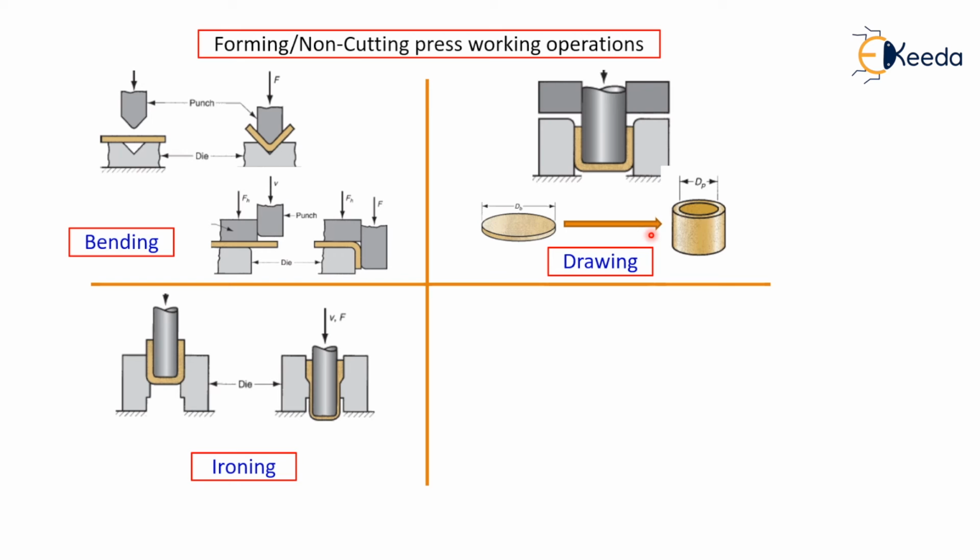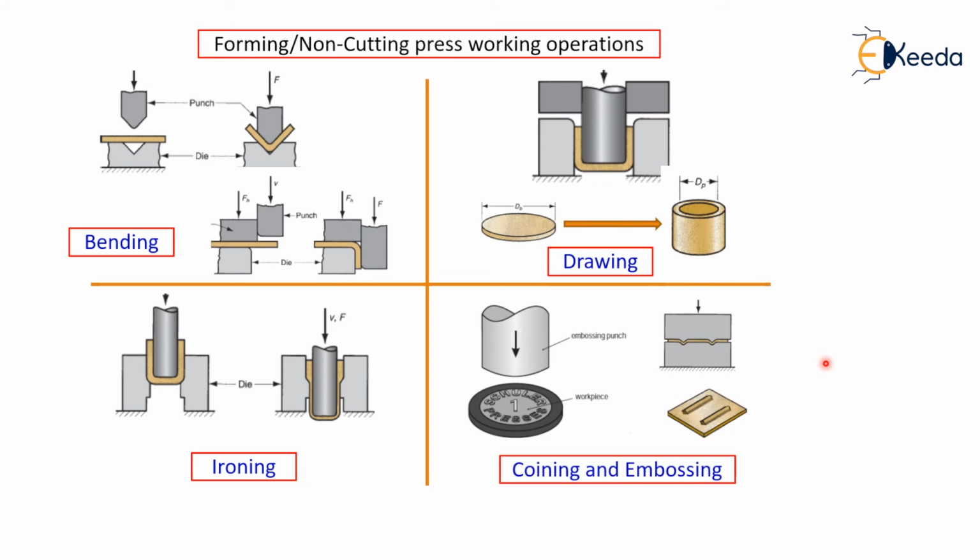If the thickness of this stock is greater than the clearance between the die and punch, it will be squeezed to the size of the clearance, and that process is known as ironing, where the thickness is reduced throughout the section. Ironing makes the cylindrical cup more uniform in wall thickness. Many times this can be combined with the drawing operation.